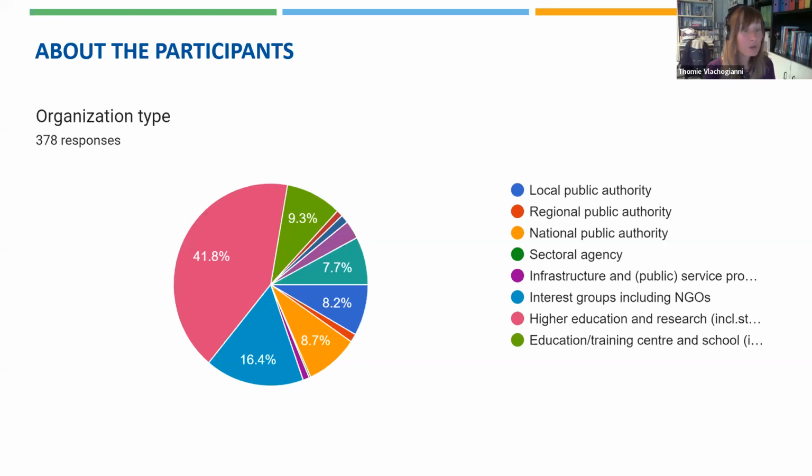The majority of the participants are coming from higher education institutions and the research sector, but we also have people from NGOs, from local or national authorities, and from education and training centers.